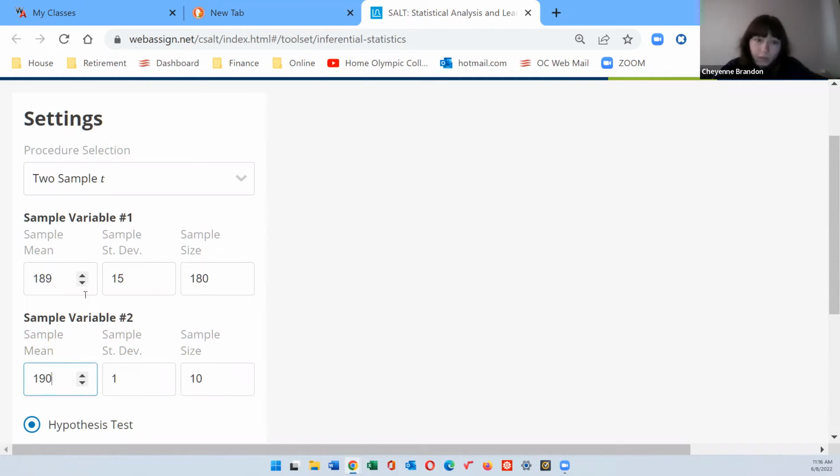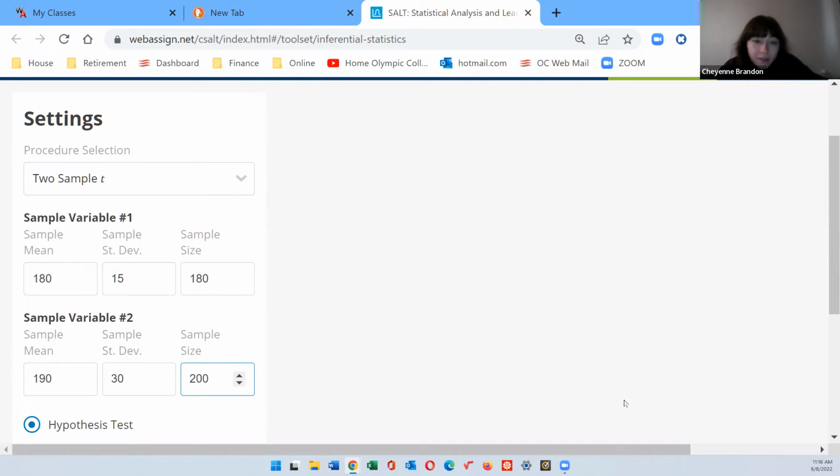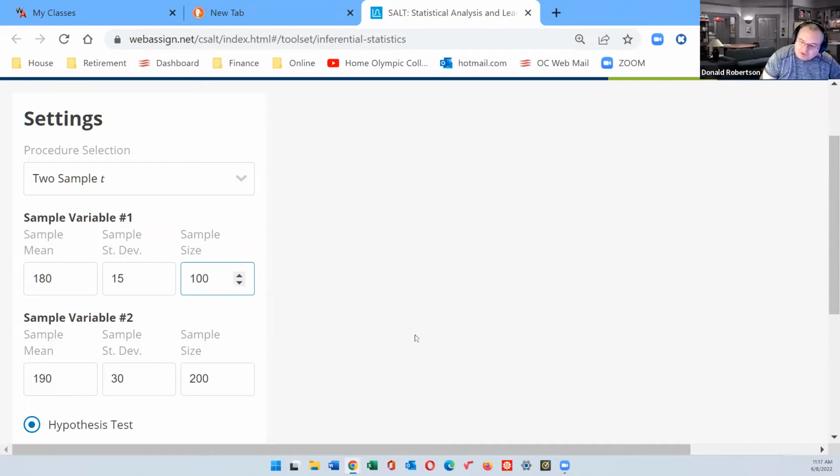It's 180, not 189. Where's that 9 come from? Thanks for catching that. 190. Standard deviation was 30. And the sample size here was a bit bigger, 200. Your sample size is also incorrect for the first one. It's 100, not 180. God, I'm good today, aren't I?